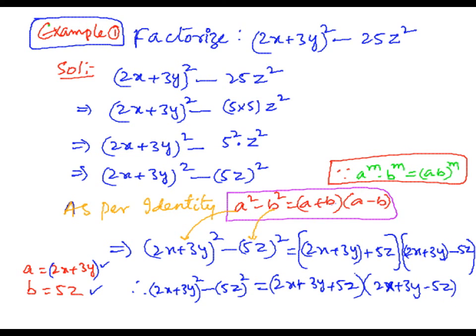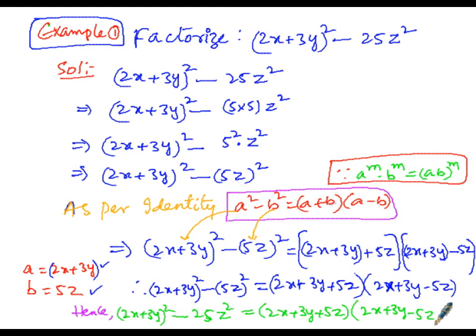So we got these two as the factors of the given expression, that is 2x plus 3y whole square minus 25z square.